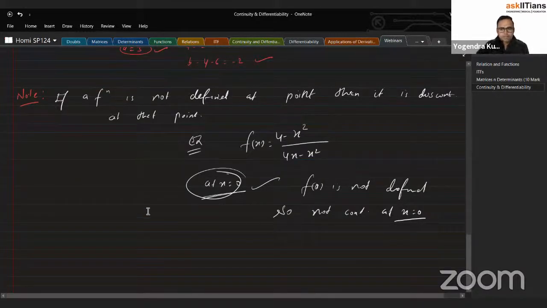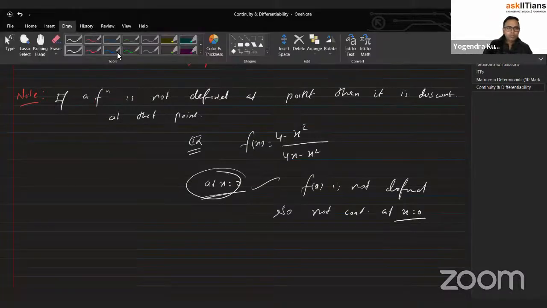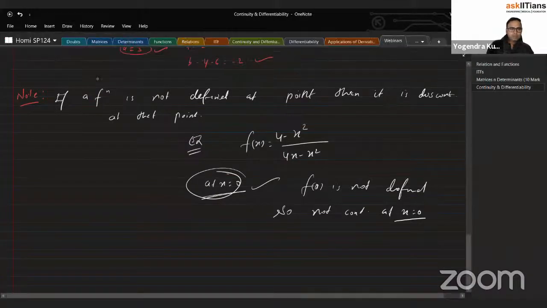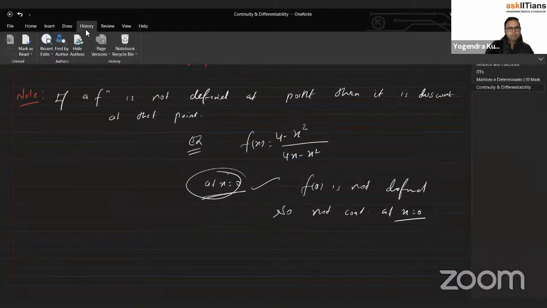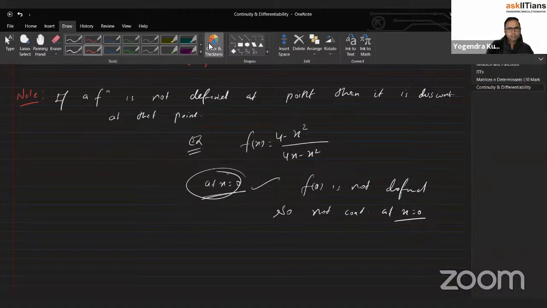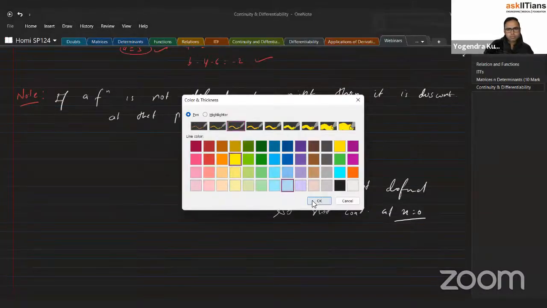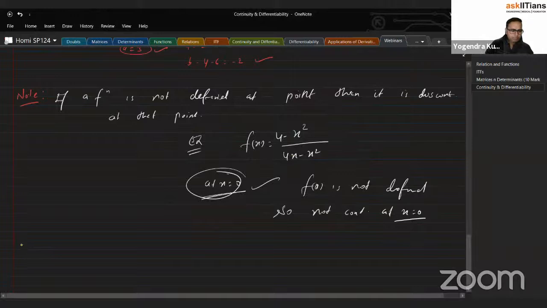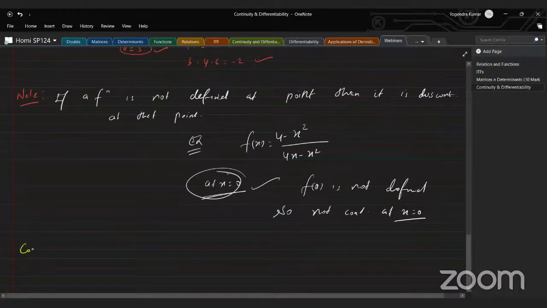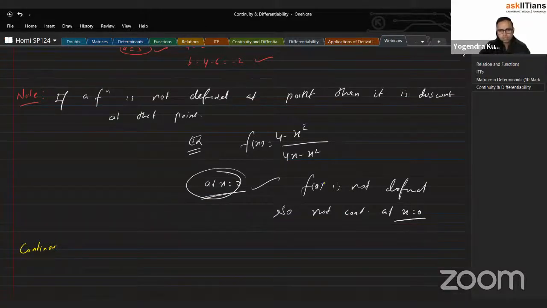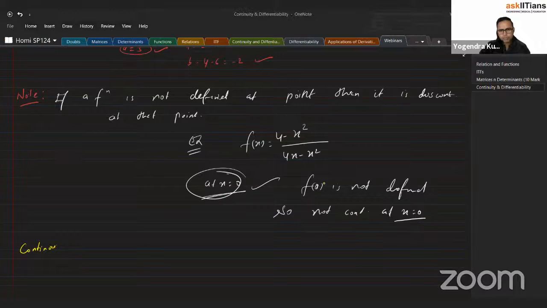There are a few more points. Let's write those down also. I hope you know these points already, but just to recall. So is this function discontinuous at 2 also? At 2, what will happen?